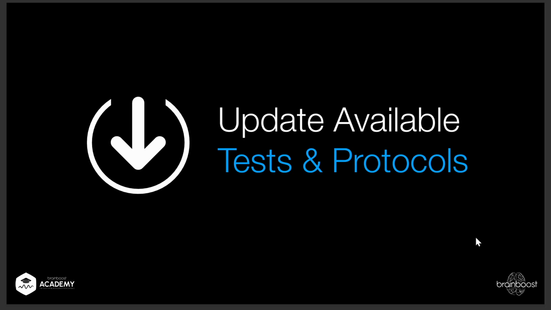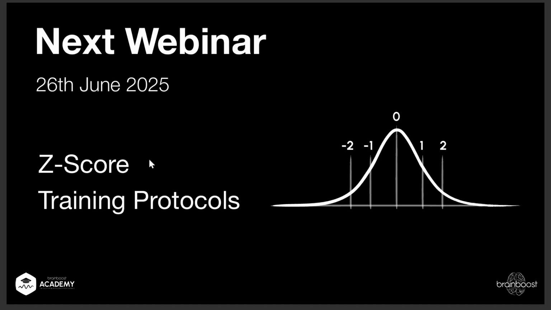Now, I'm approaching the end of the webinar. So what is the next topic of the next webinar? The next webinar is going to be about Z-score training protocols. As you know, we already have Z-scores included in the BrainAssistant. So if you do a QEEG recording, then you already see Z-score analysis, so brain maps, heat maps with Z-scores.